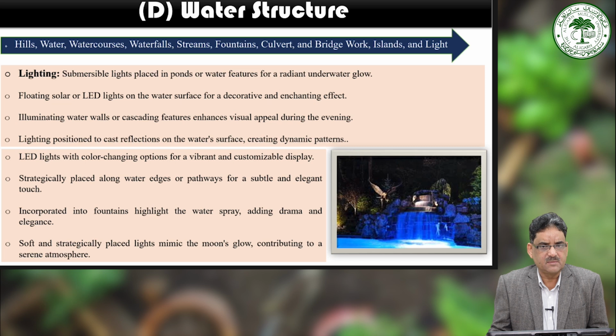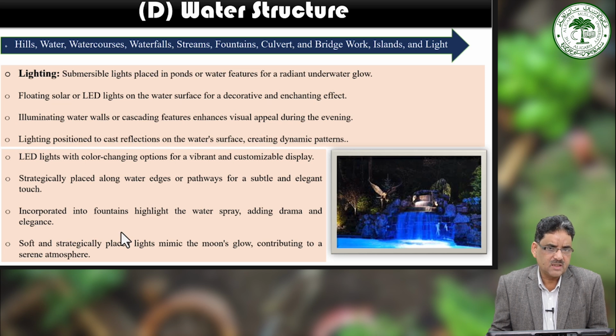Lighting is strategically positioned to cast reflections on the water surface, resulting in dynamic patterns, while LED lights with color changing options offer a vibrant and customizable display. Along water edges or pathways, lights can be strategically placed for a subtle and elegant touch.